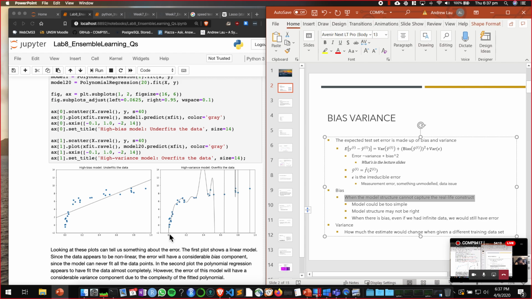Maybe you could have performed a square root transform on your x-axis, on your predictor, before fitting your linear regression model. Or maybe you could have taken a log transform. This kind of looks like a log shape. Either would be fine. You can play around with it, maybe a cube root, and see what fits best. But here it's a high bias model. There's a mismatch between the data and the model, right?